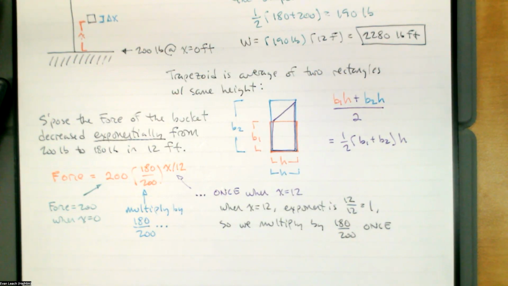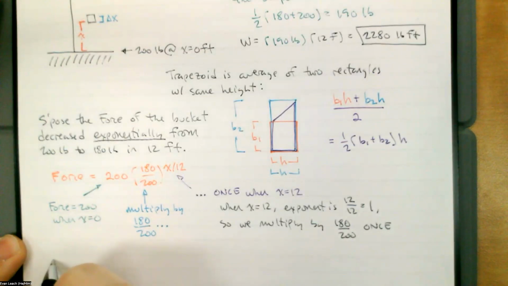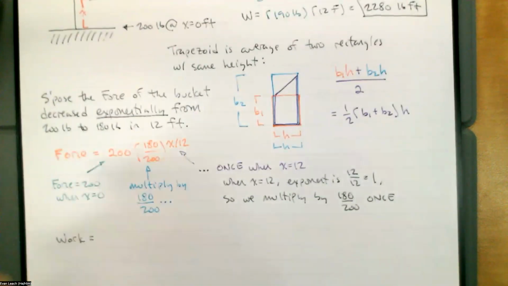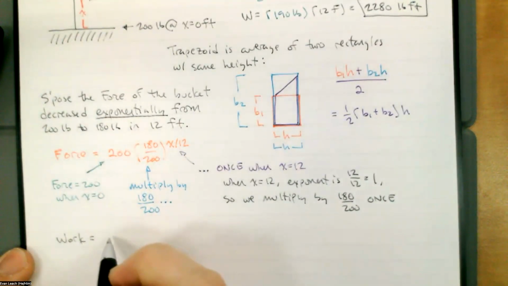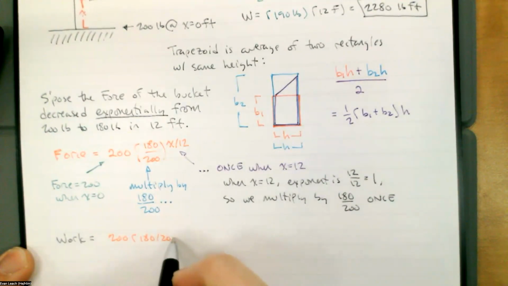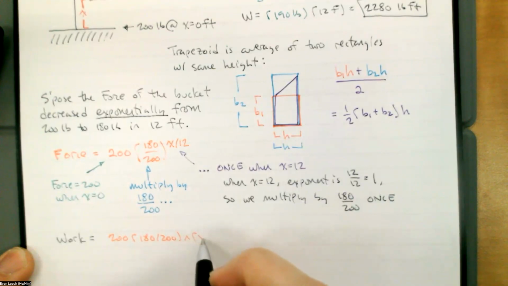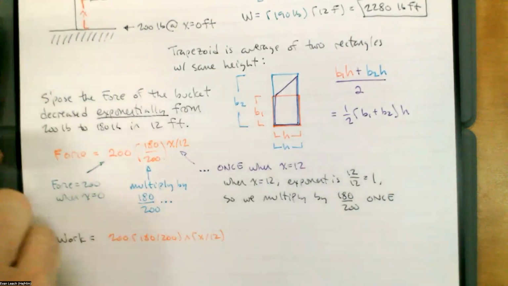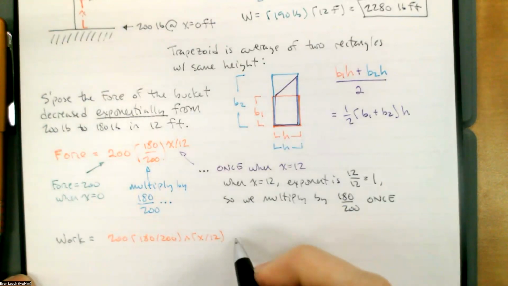So now, if we want to figure out the work done, this is the force that we're going to use, and we're going to use it for the same distance, delta x. So our work is going to be our force, 200, times 180 over 200 to the x over 12, times delta x.